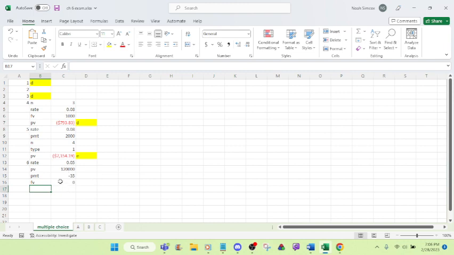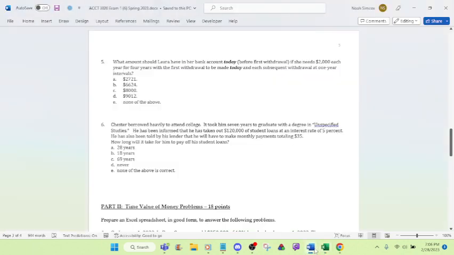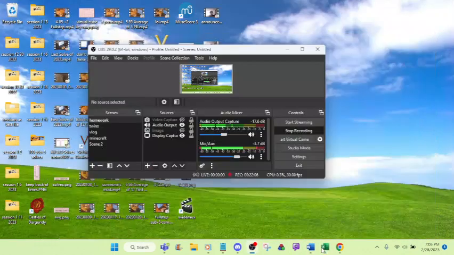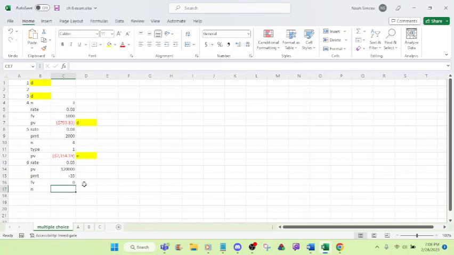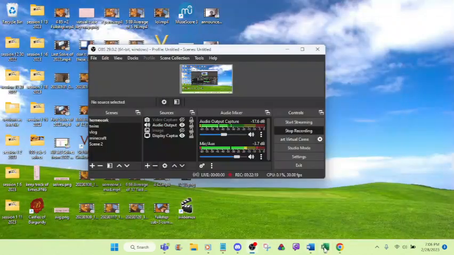And eventually the number will end up being 0. And also it's monthly payments. Wait a minute. This is not right because this is monthly payments of $35. So yeah, we have monthly payments.